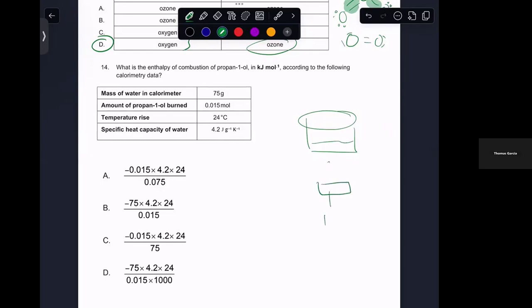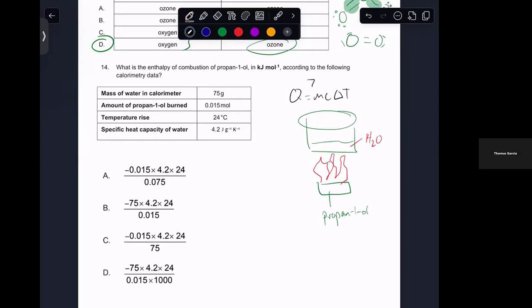So here is our propan-1-ol, and they burned it in there. And that burning heated this water. What we're trying to do is find out how much energy got conveyed to that water from the propan-1-ol. So we're going to be just using Q equals mc delta T.